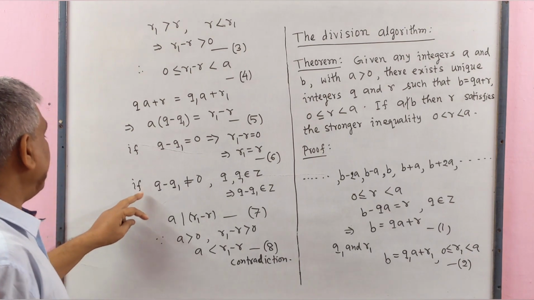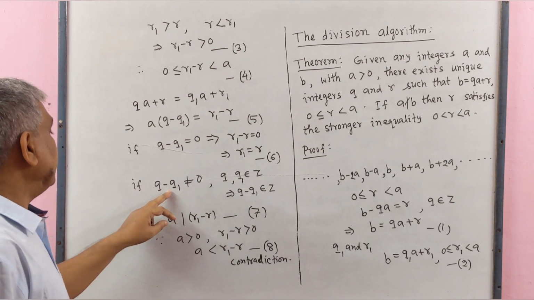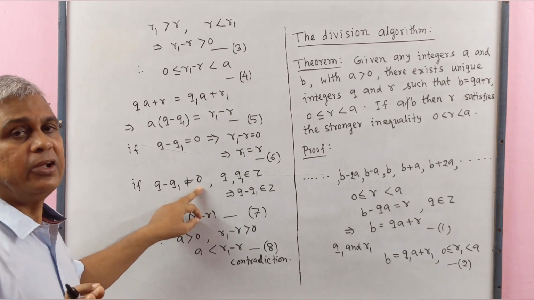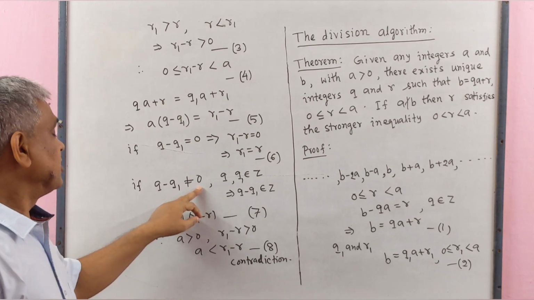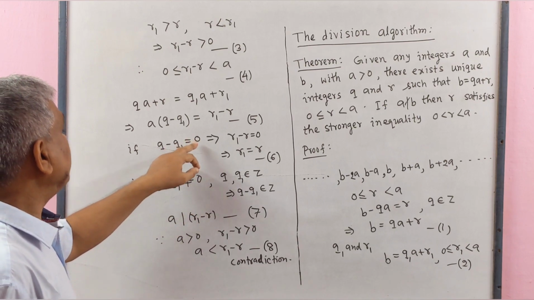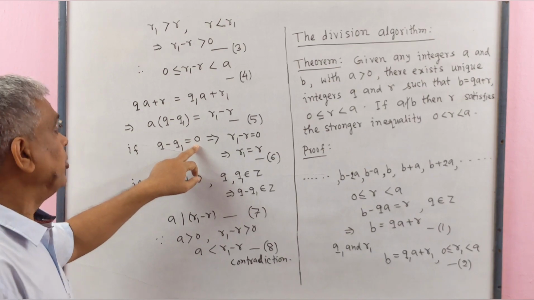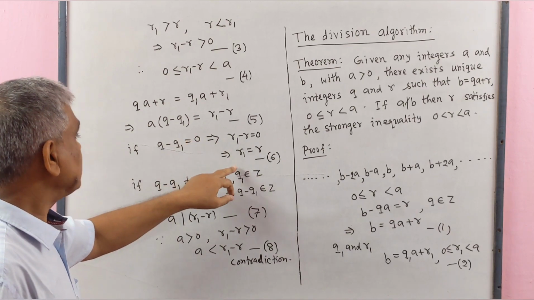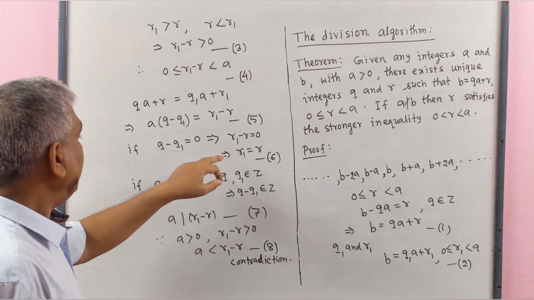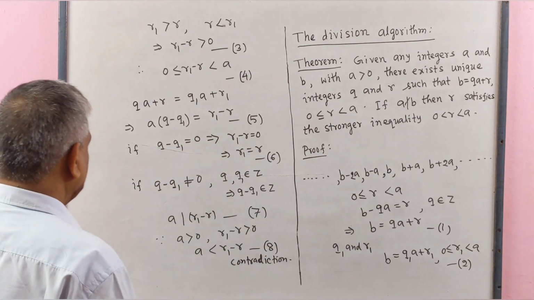Therefore our assumption Q minus Q1 not equal to 0 is not a possible case. That is, Q minus Q1 equal to 0 is the only possible case. In this case, we get Q equal to Q1 and r equal to r1.